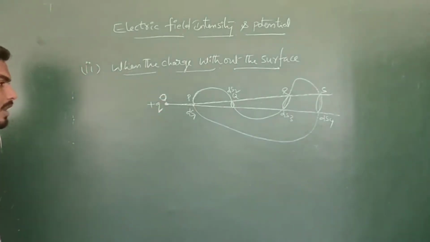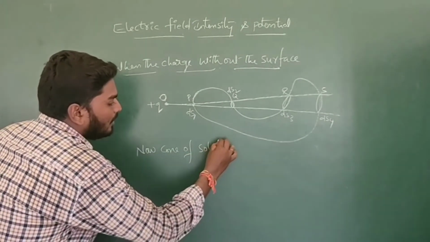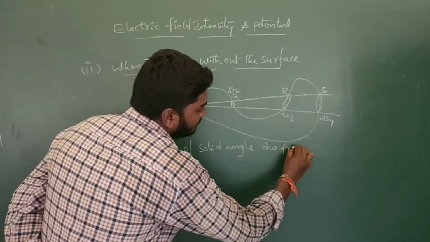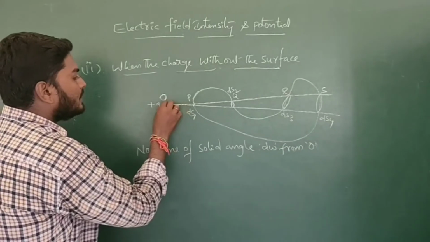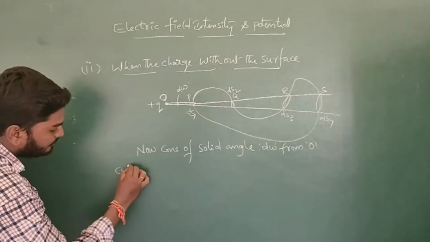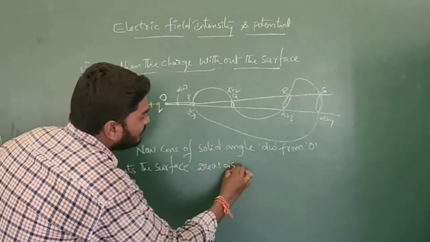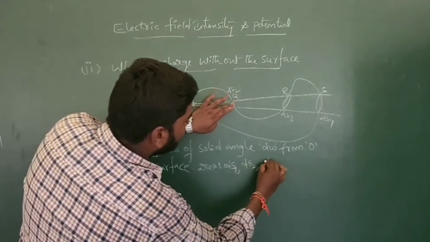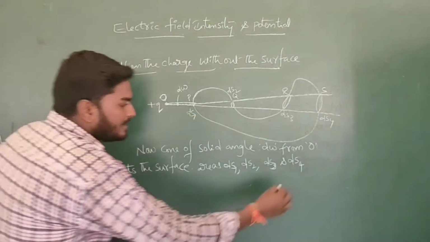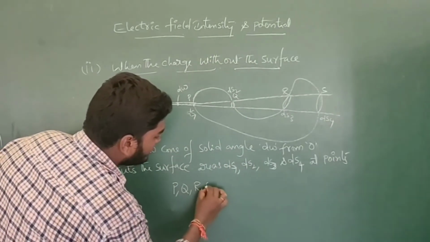Now the cone of solid angle dΩ from O touches the surface at areas dS1, dS2, dS3 and dS4, at points P, Q, R, S respectively.